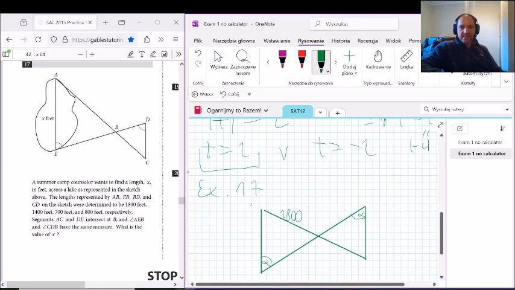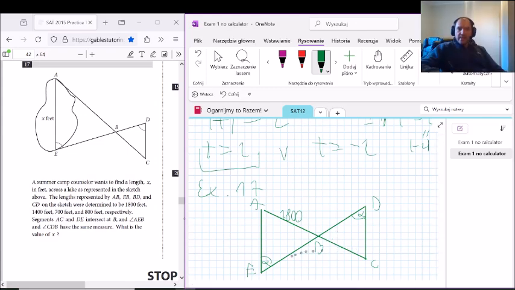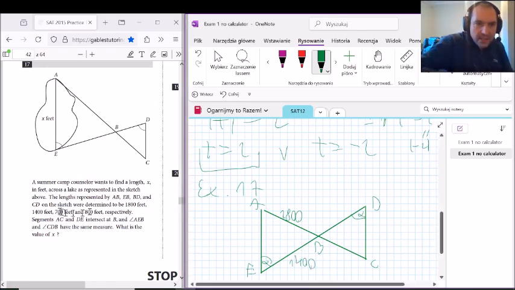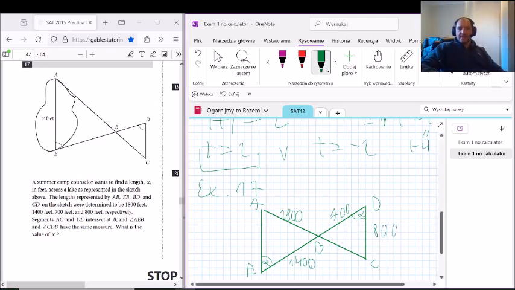Here is A, B, C, D, E, and 1400 feet is EB. Now 700 is BD. Here is 700, and 800 is CD. So here is 800.